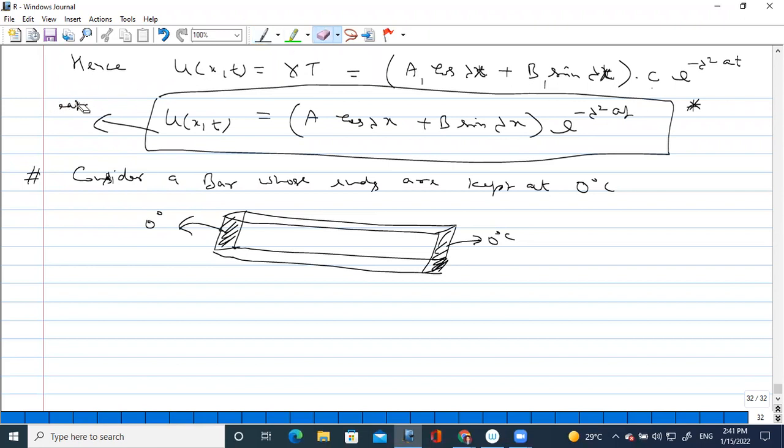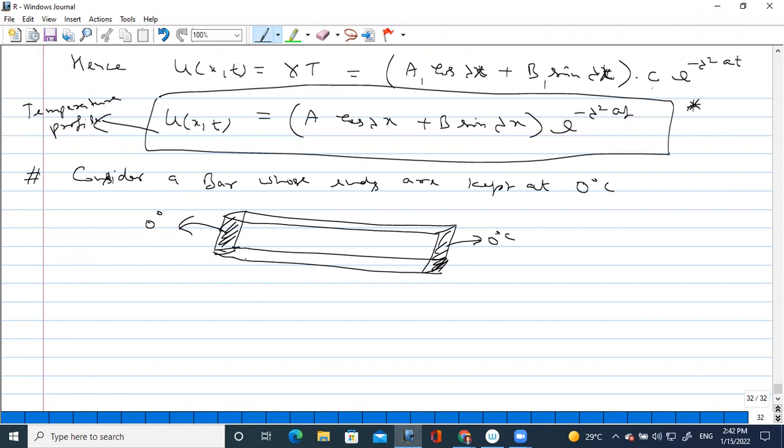Don't say heat, you can say it is the temperature profile, which depends upon x and t.